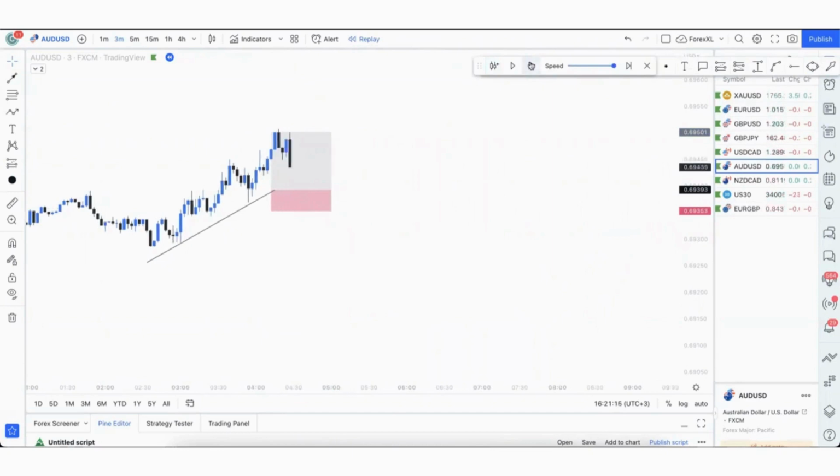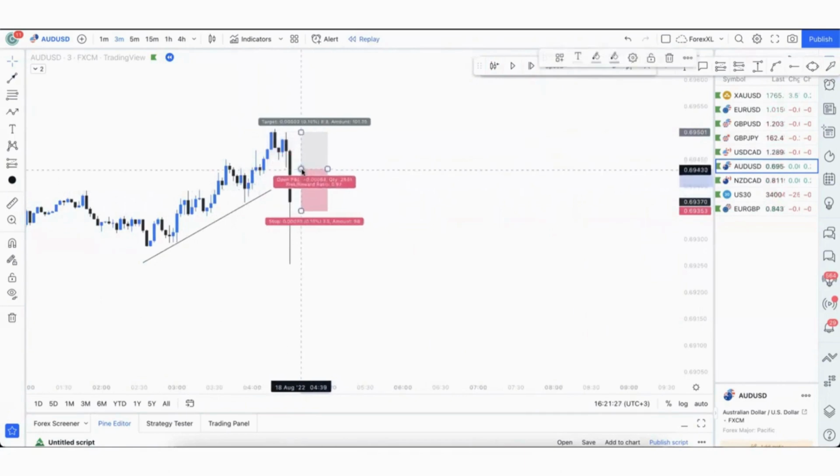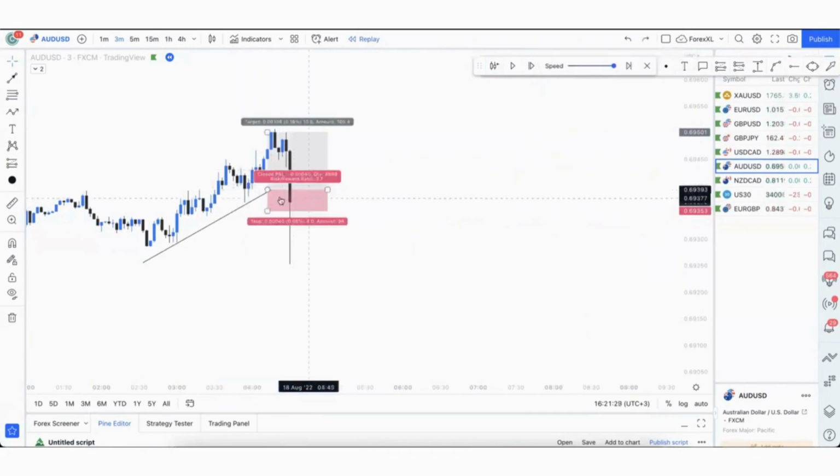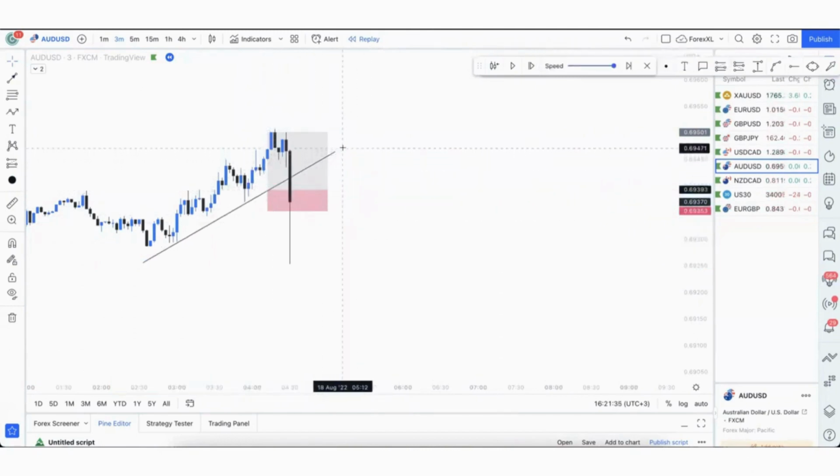So you expect that the price will respect this area and then go up, because this trend line is your indication that the price will respect it and then go up, right?